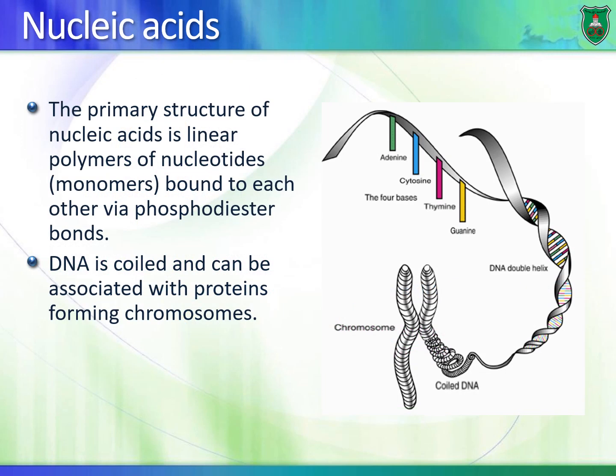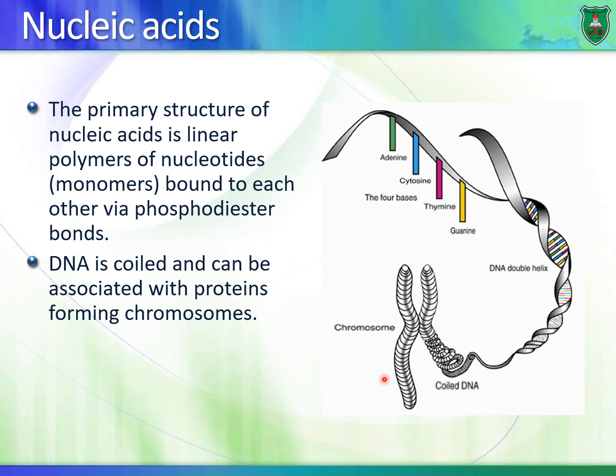So nucleic acids in general are linear. They are polymers of nucleotides, and these nucleotides are the monomers. So nucleic acids are polymers because they are made of repetitive small molecules known as monomers or nucleotides. And these nucleotides are linked to each other via a phosphodiester bond.